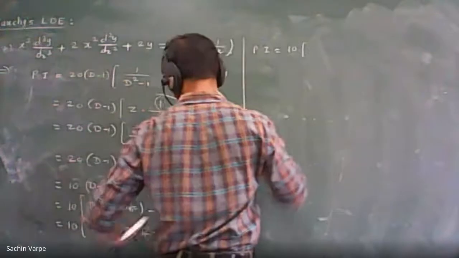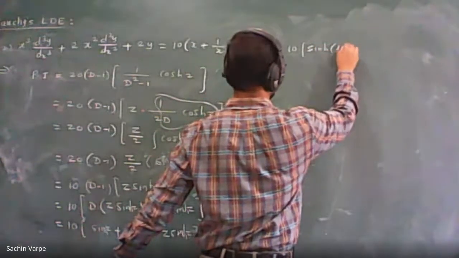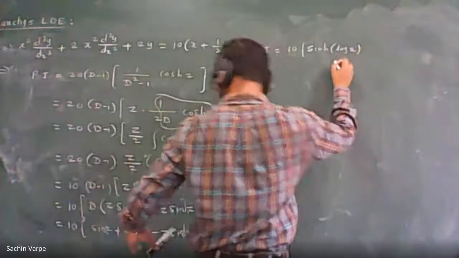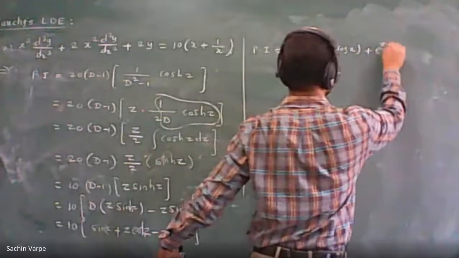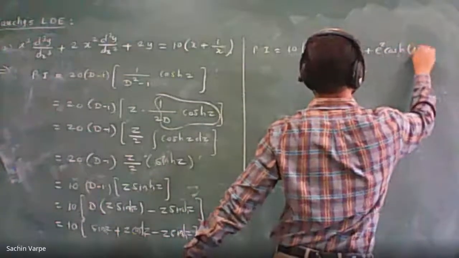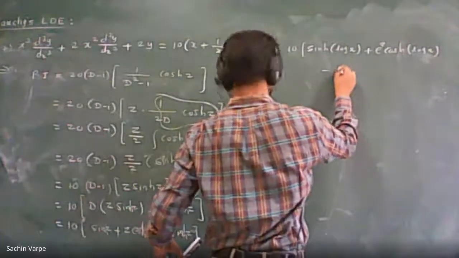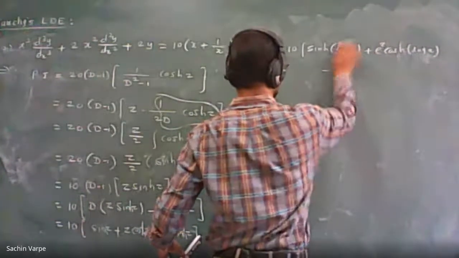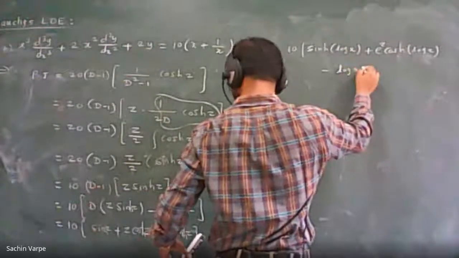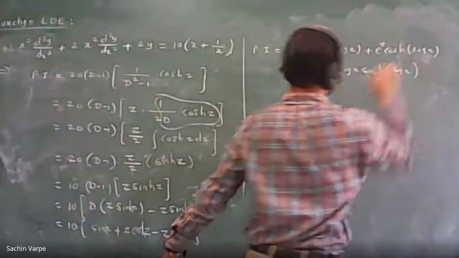Anyways, I'm writing in terms of sine only: sine hyperbolic of log x plus e raised to z hyperbolic cos of log x minus e raised to z, that is log x actually, minus log x into hyperbolic sine of log x.